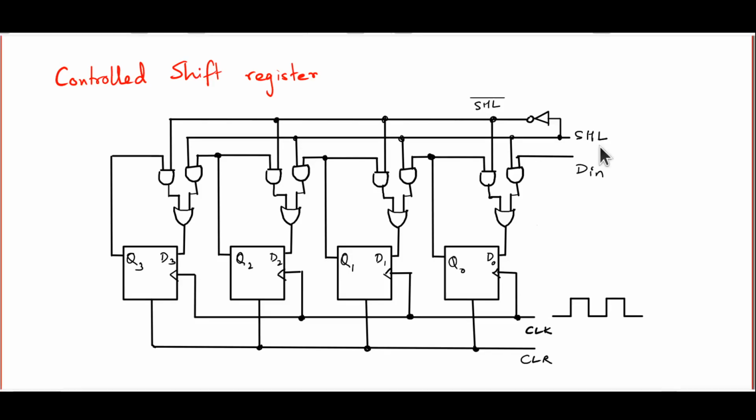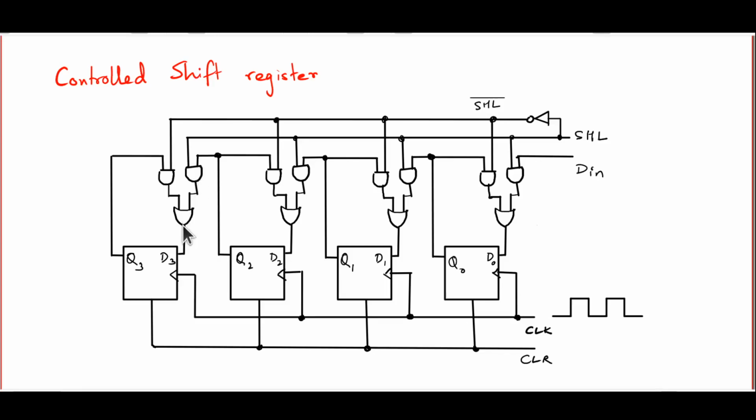On the other hand, when this input marked SHL for shift left goes high, that renders the left end AND gate in each of these controlled D flip-flops inactive. So Q3 is cut off from D3. It's actually Q2 which comes in via this AND gate. Remember, the other input to this AND gate is SHL, which is high.